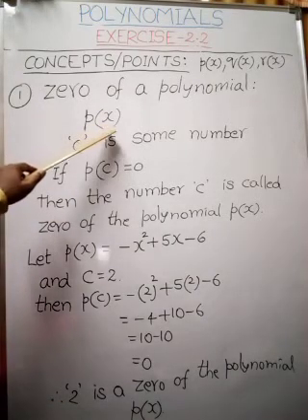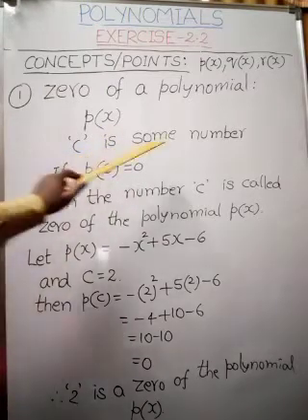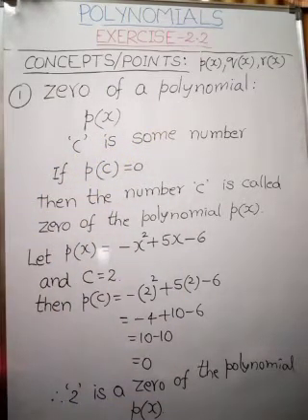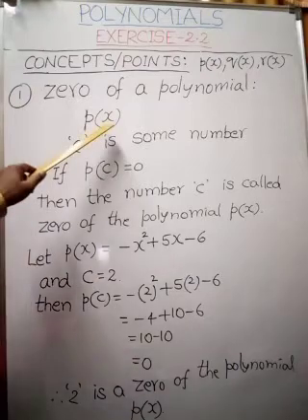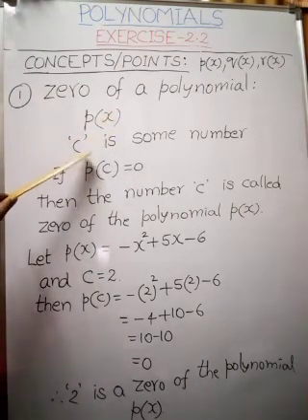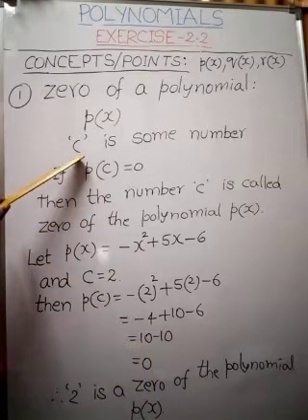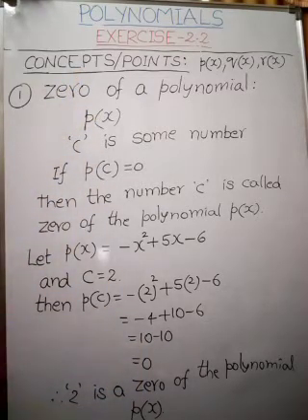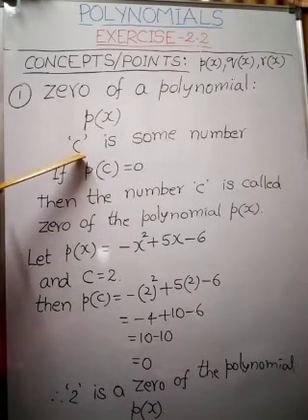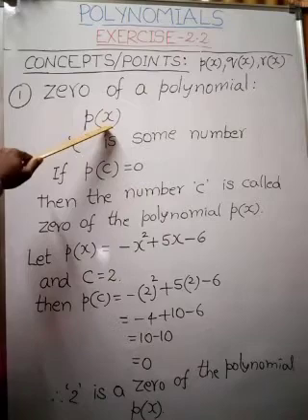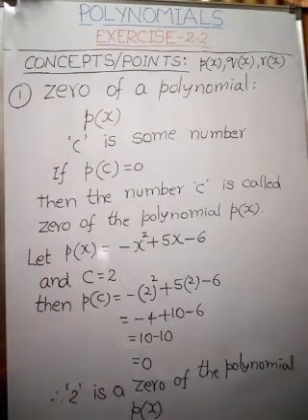Here P of x is a polynomial in x and c is some number. They will give some number. Don't worry about it. They will give a polynomial in x and they will give some number. Now we have to check whether the number is a zero of the polynomial or not. To check this, we have to substitute x is equal to c in the given polynomial.